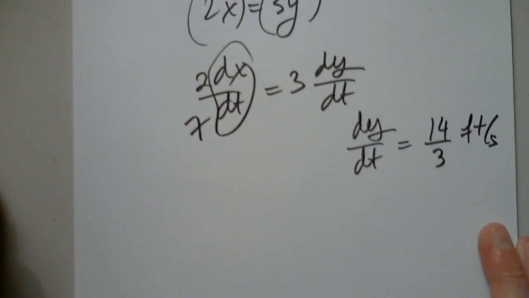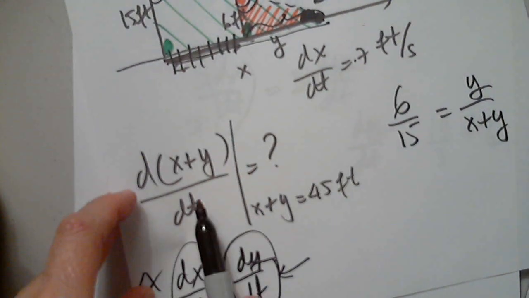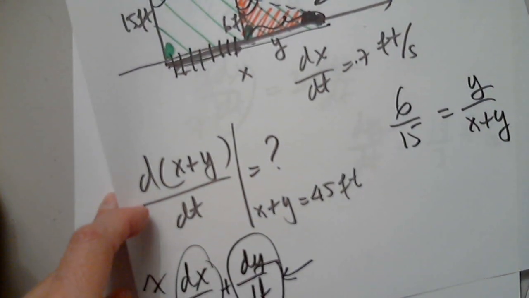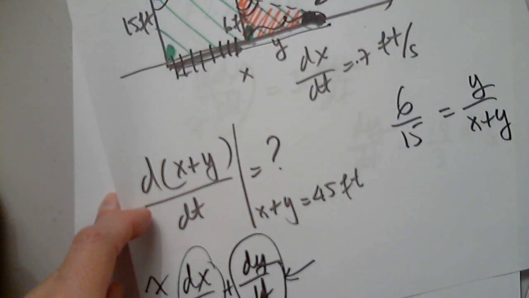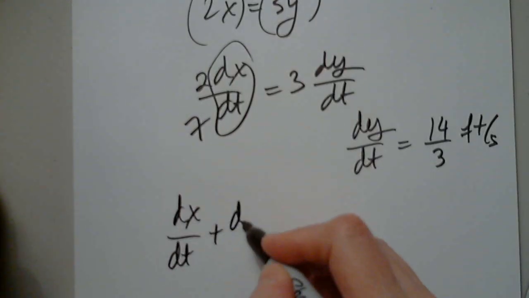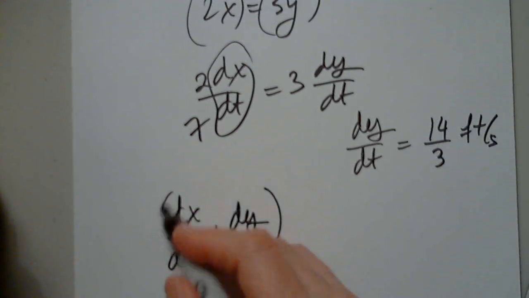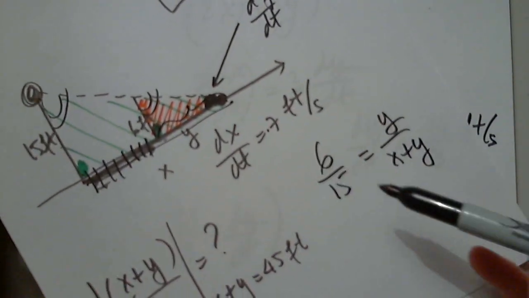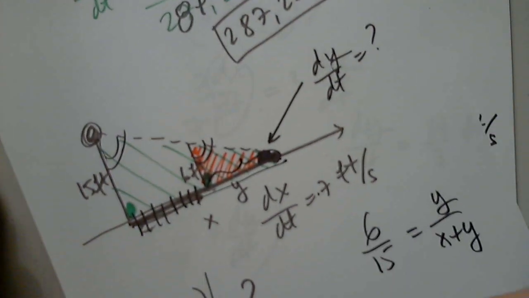So now, they want us to determine this sum, dx plus dy. So dx over dt plus dy over dt when x plus y is 45.